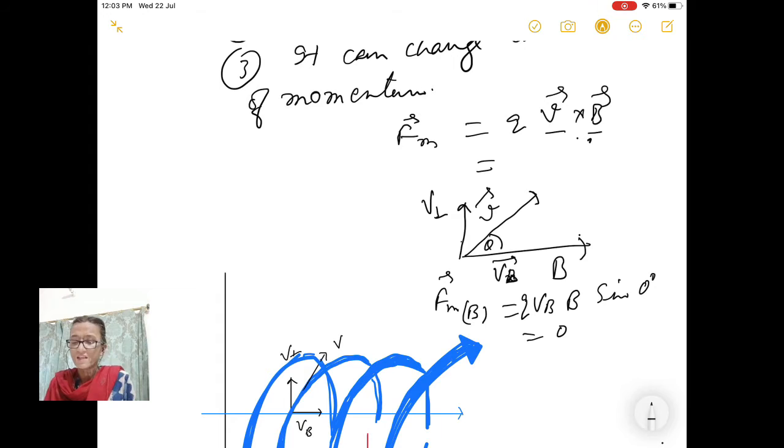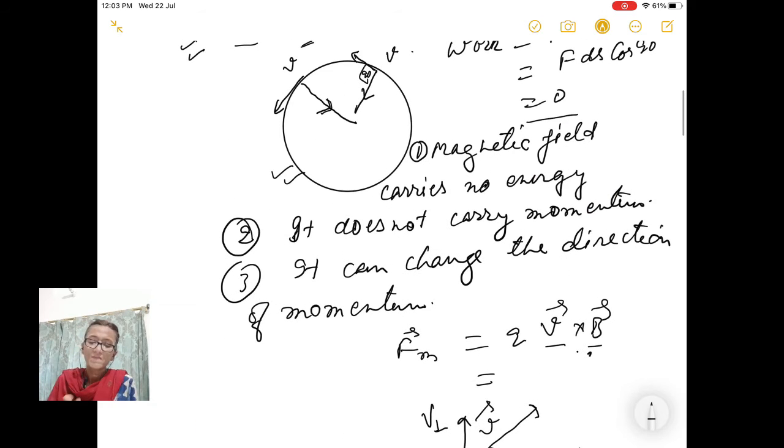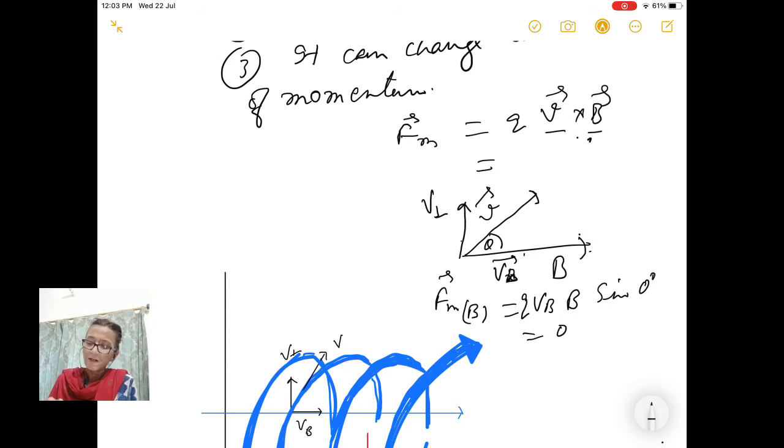So you have two components. If you have a velocity which is neither perpendicular nor parallel to the magnetic field, then we can take two components of velocity, one perpendicular and one parallel. The perpendicular component of velocity will induce a circular path, but for the component which is along the magnetic field itself, the net force is equal to 0.